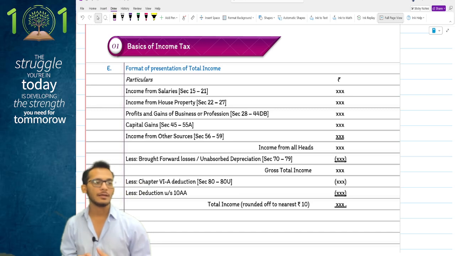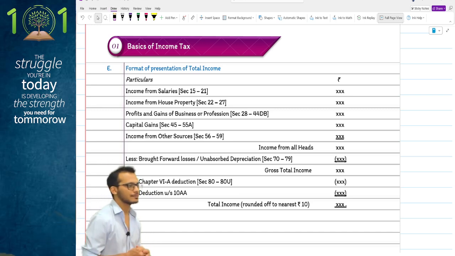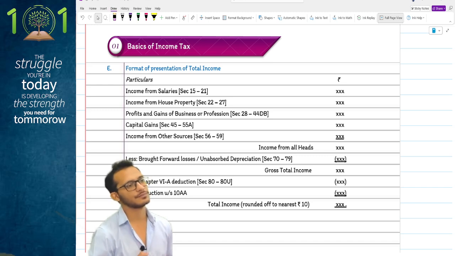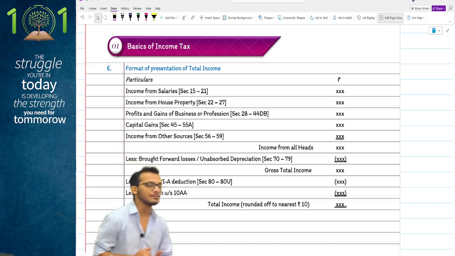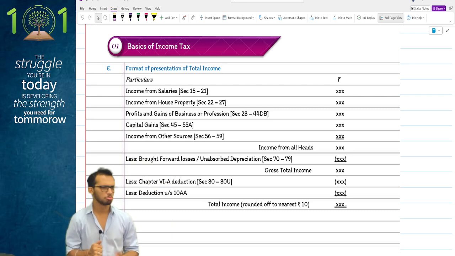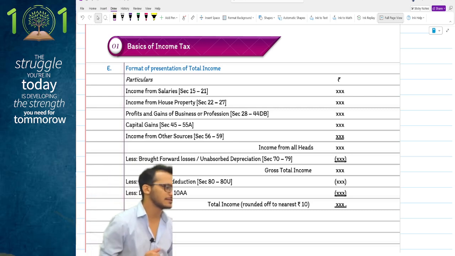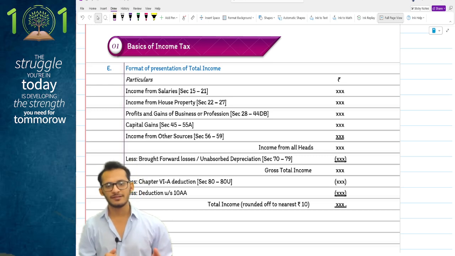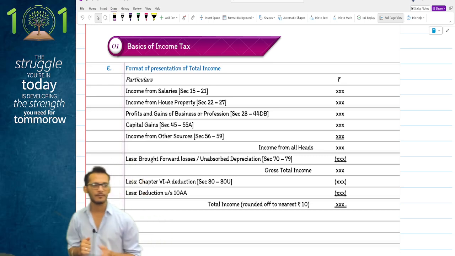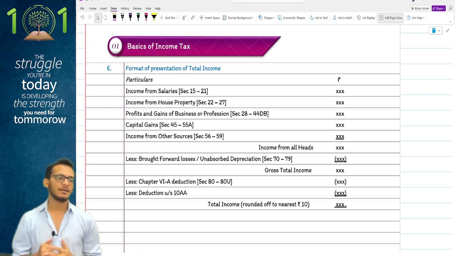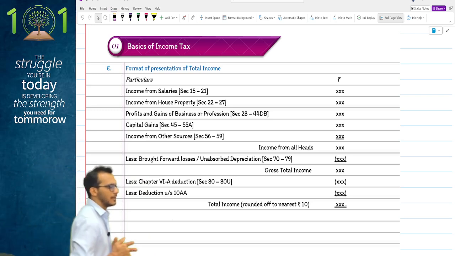Step number 6. Club someone else's income.